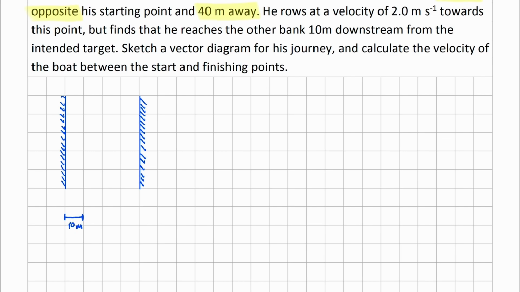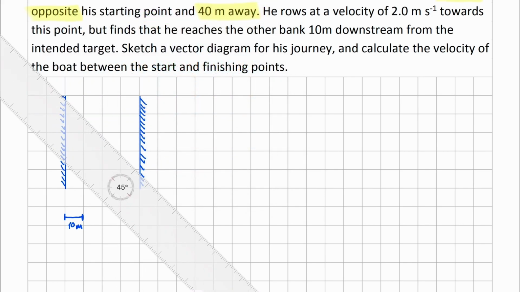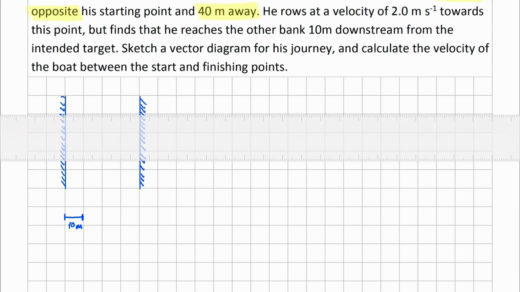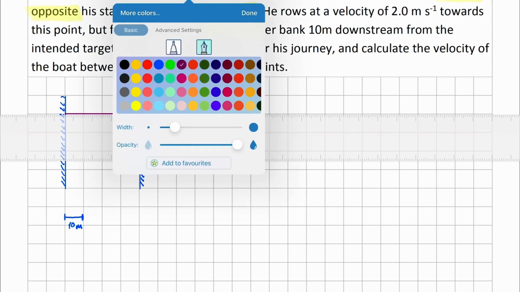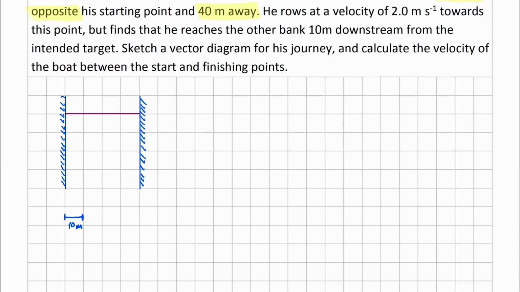Okay, so let's get back to the ruler. I'll choose some other color, any random one would be nice, and go with it. So this is the point A where the oarsman started moving.